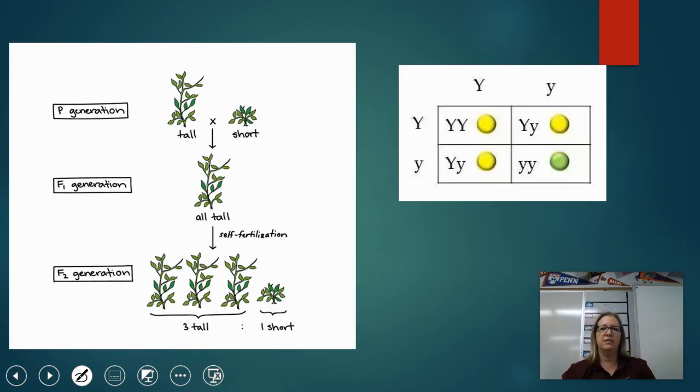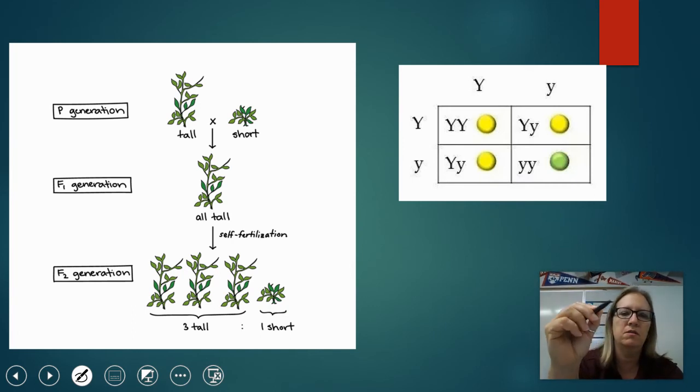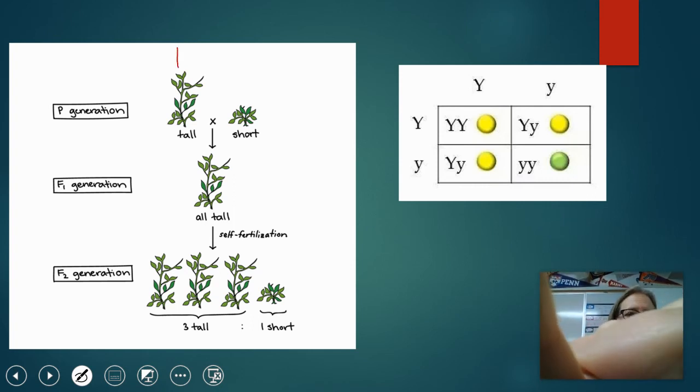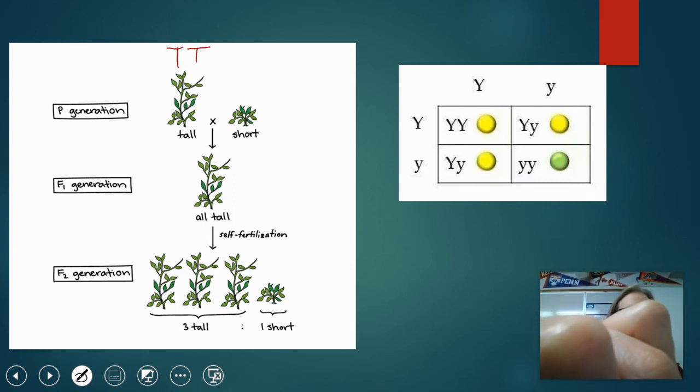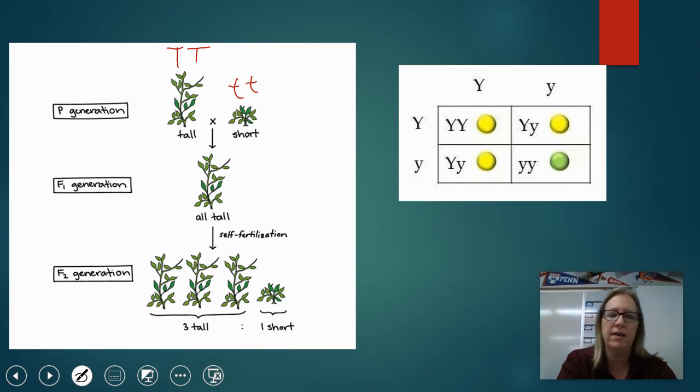All right, like I said, back to the plants there, okay? So the parent generation, the first plants that he crossed were purebreds. So we've got big T, little t, okay?